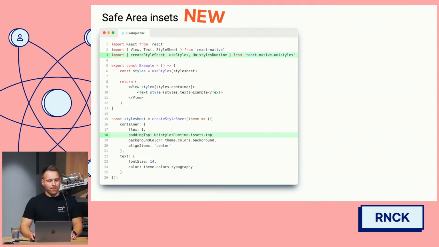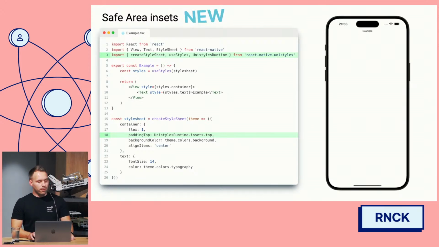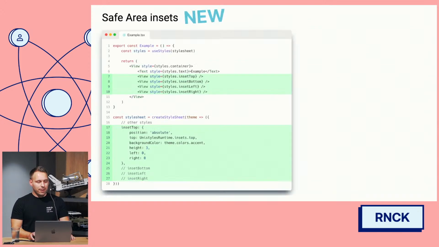Not anymore. You can import Unistyles runtime, which is a host object, and I will explain it later. And you can use it directly in your style sheet. Simply type Unistyles runtime.inset, and you have everything there. How will it work? It will automatically go below the dynamic island, and we can even go further.